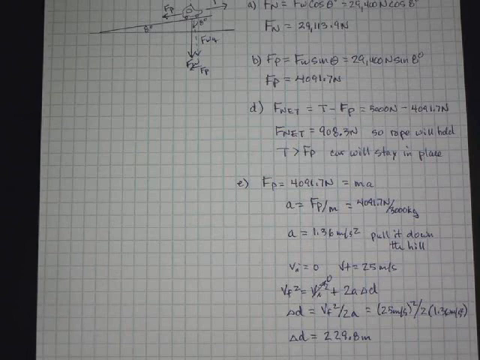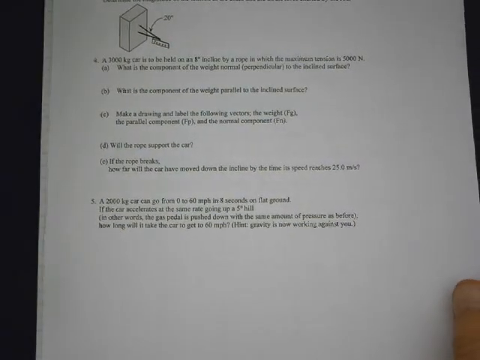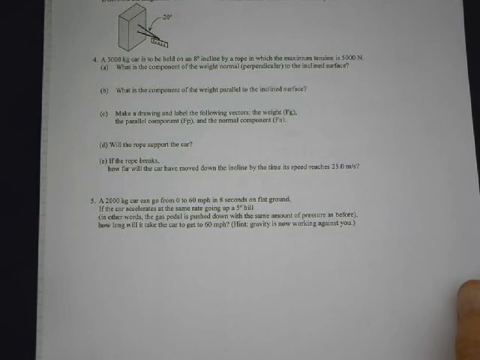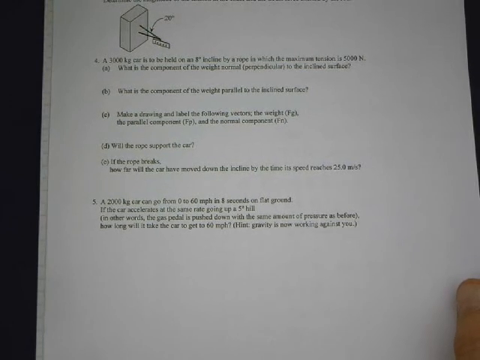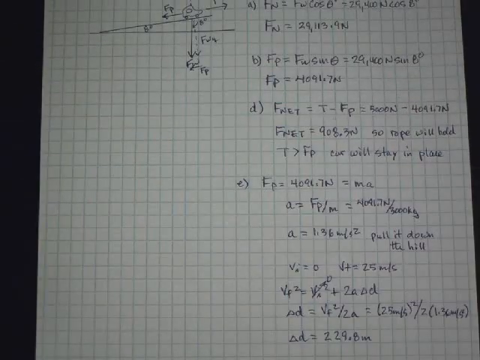All right, so our last problem, we have a car that can go from 0 to 60 in 8 seconds on flat ground. If the car accelerates at the same rate going up a 5-degree hill, in other words, the gas pedal is pushed down with the same amount of pressure as before, how long will it take the car to get to 60 miles per hour?